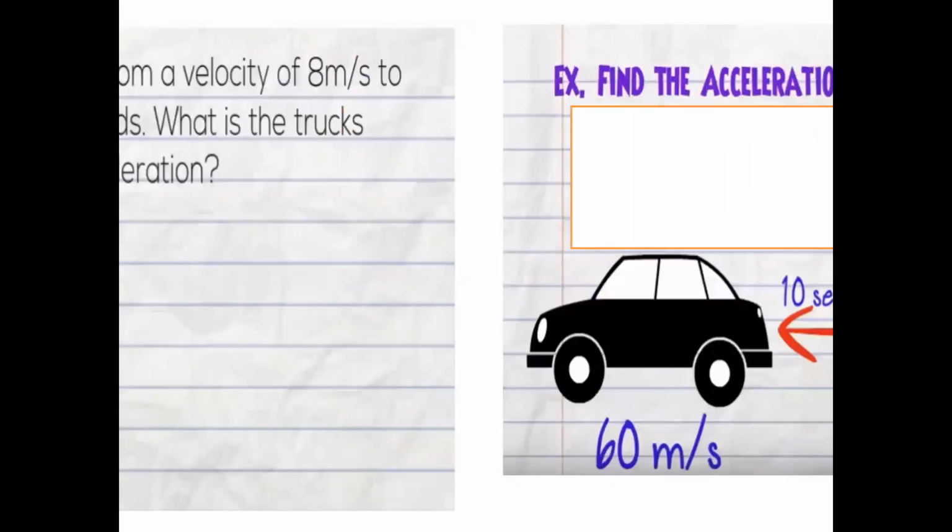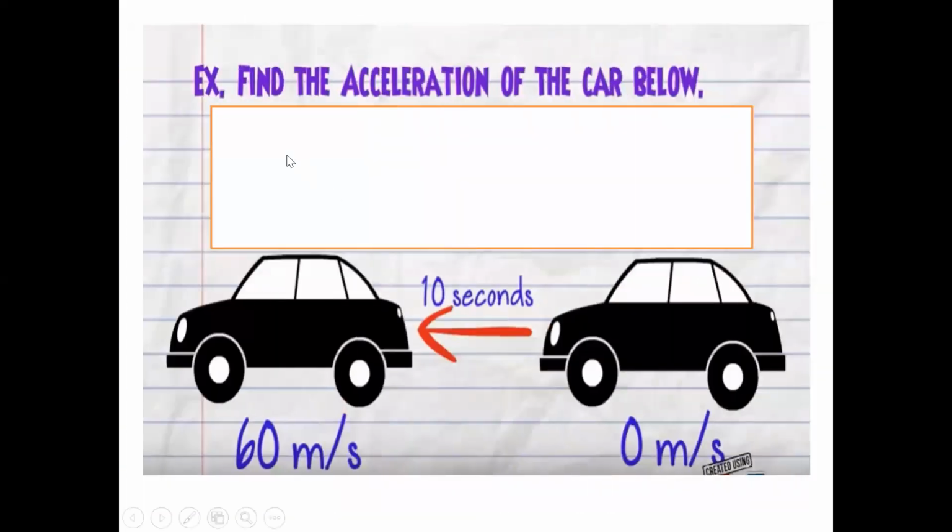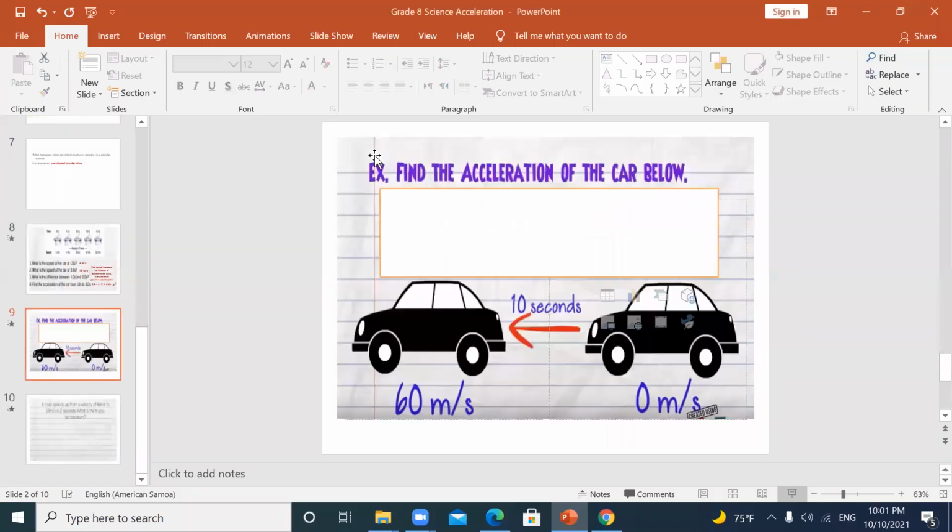So acceleration will be, what is the final speed? 60 minus the initial one, 0, divided by the total time taken, 10 seconds.